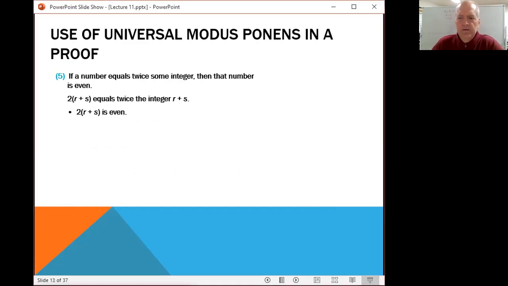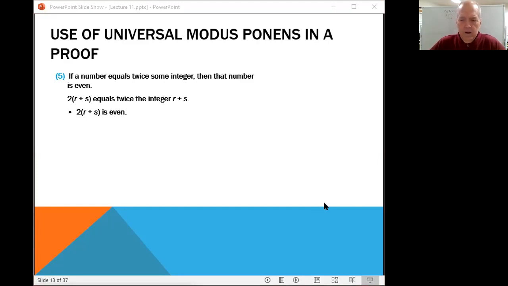And then for the final step, we have the universal: if a number equals twice some integer, then that number is even. Then we have the particular: 2 times (r plus s) equals twice the integer r plus s. And then through universal instantiation, 2 times (r plus s) is even. This is the idea of universal instantiation.